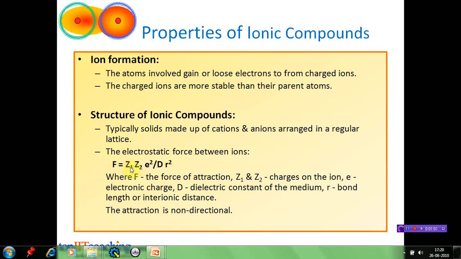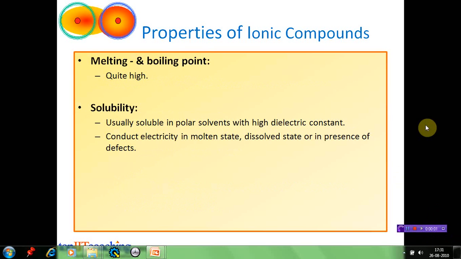Here F is the force of attraction, Z1 and Z2 are the charges on the ions, small e is the electronic charge, capital D is the dielectric constant of the medium, and small r is the bond length or interionic distance. The attraction is non-directional, which means the force of attraction extends equally in all directions.